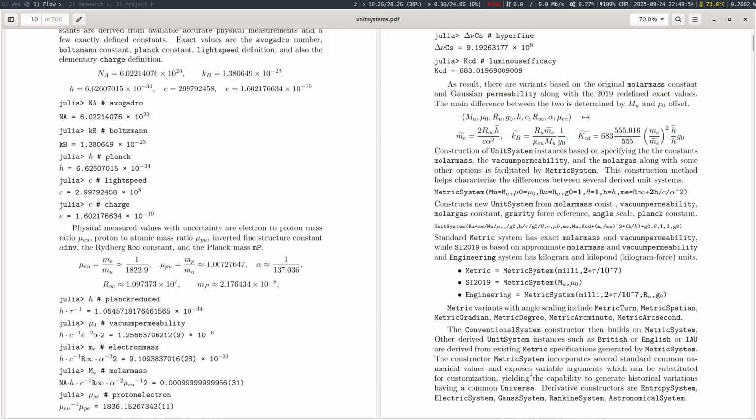The constructor metric system incorporates several standard common numerical values and exposes variable arguments which can be substituted for customization, yielding the capability to generate historical variations having a common universe. Derivative constructors are the entropy system, electric system, Gauss system, Rankine system, and astronomical system.